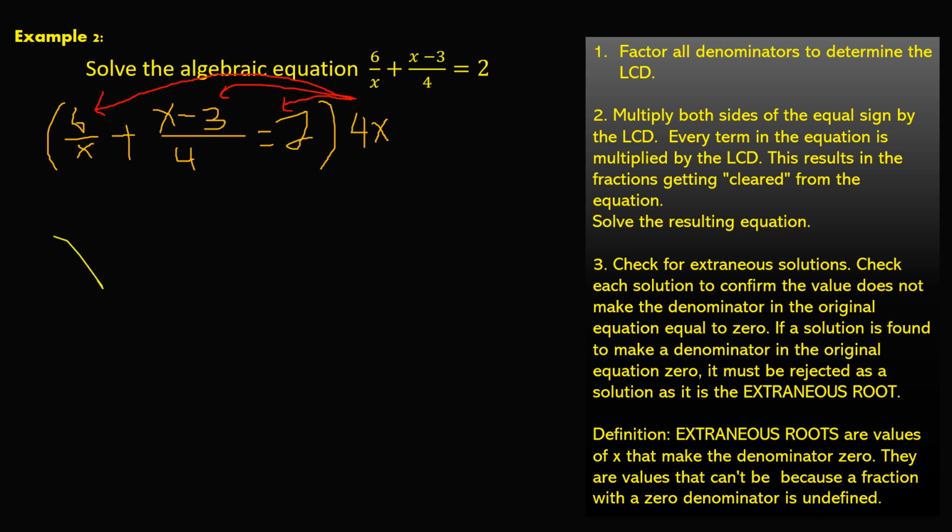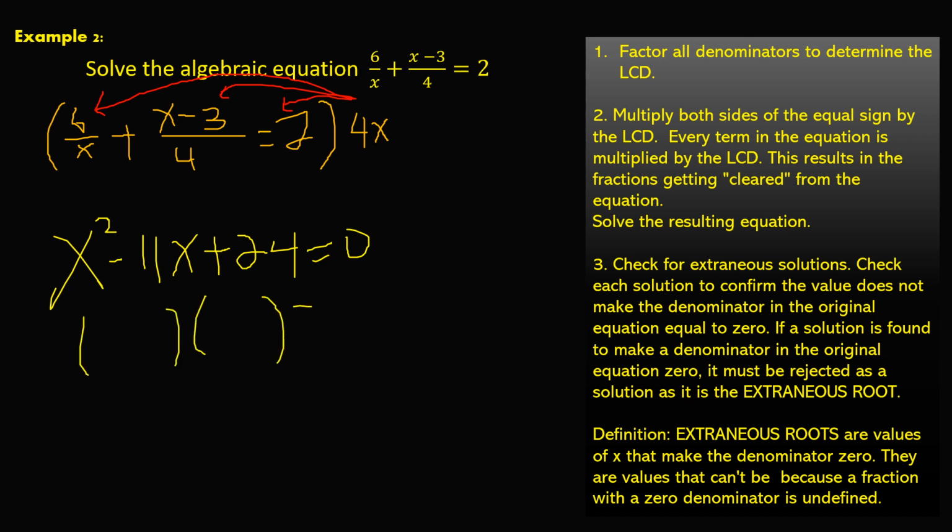So we have x squared minus 11x plus 24 equals 0. And by factoring, first we factor x squared, so that's x times x.